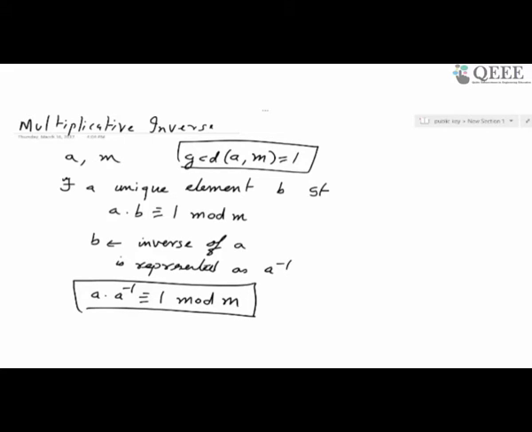Okay, so how do we find the inverse of an element? That is typically done by finding the inverse using the extended Euclidean algorithm.